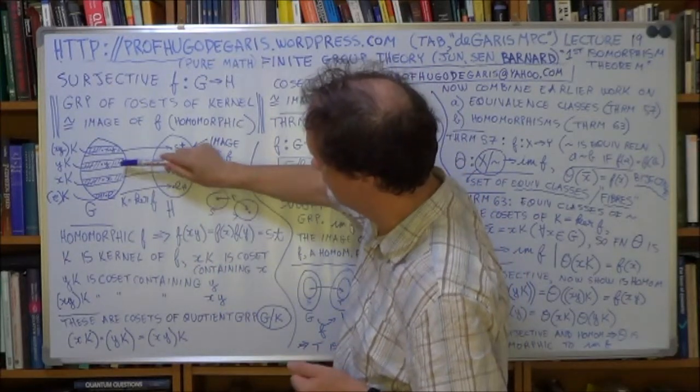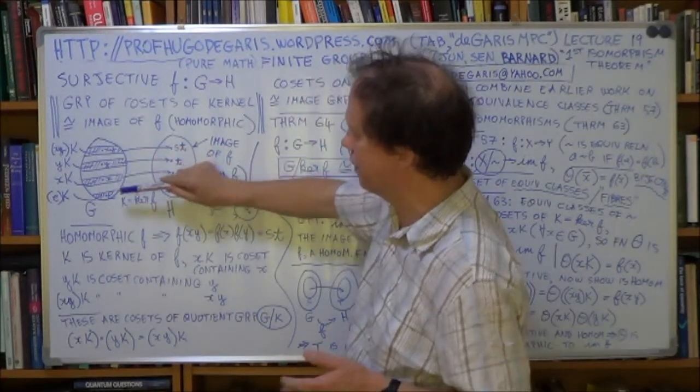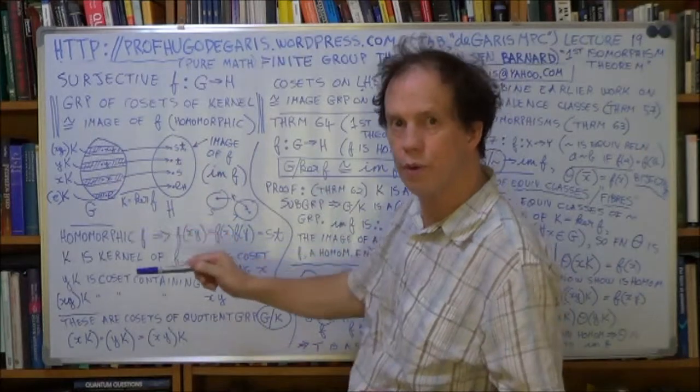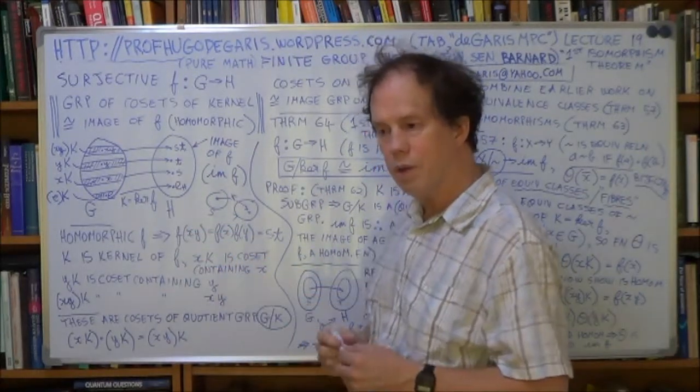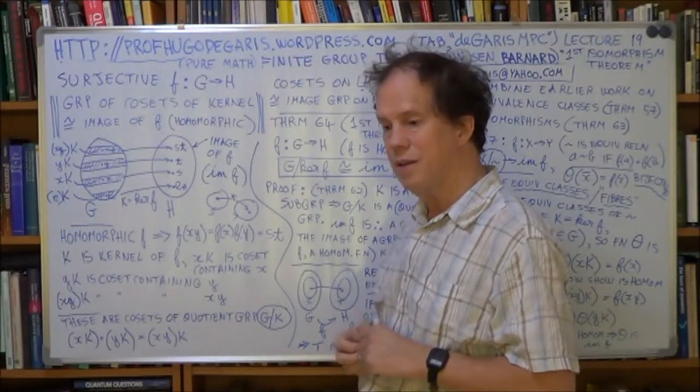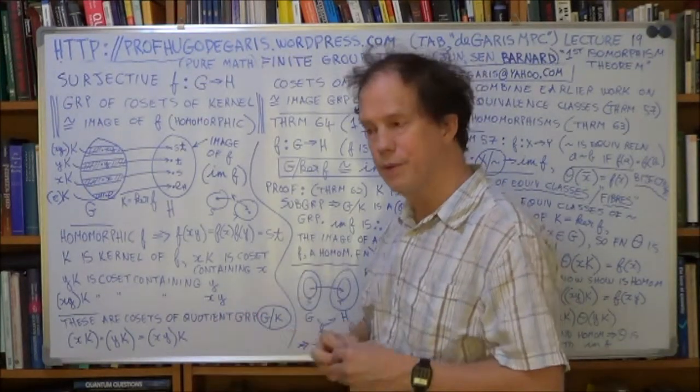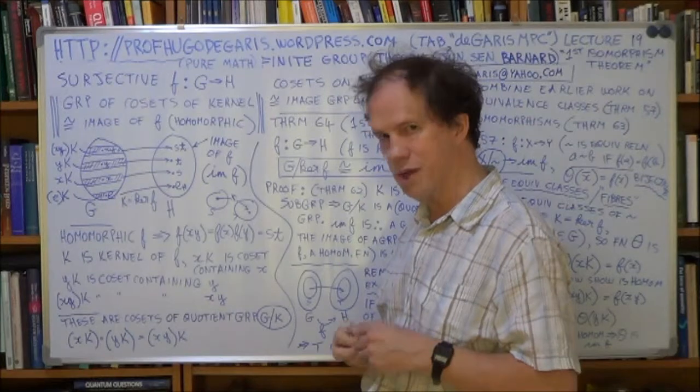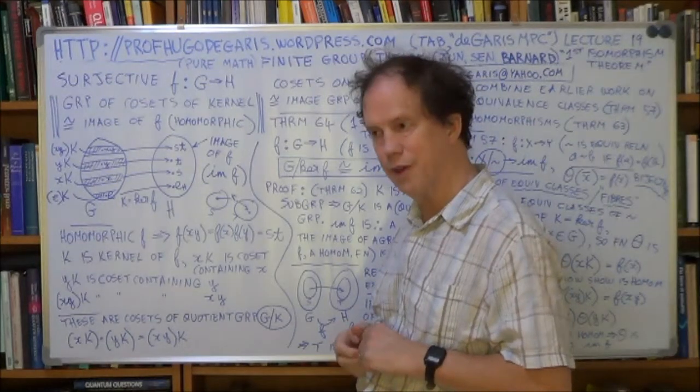Now remember we're talking about a quotient group, right? And what are the elements of a quotient group? Well, they're cosets. And a quotient group is still a group, so a binary operation on that group must be defined.